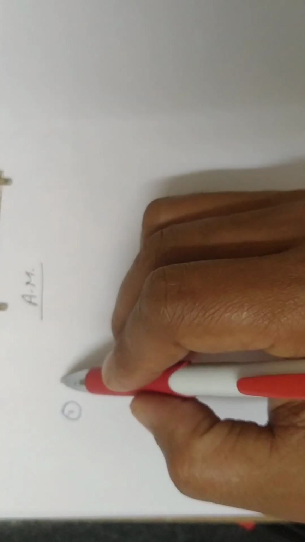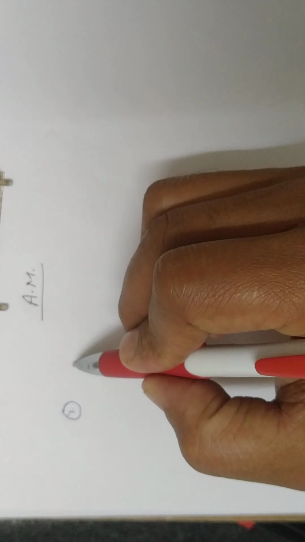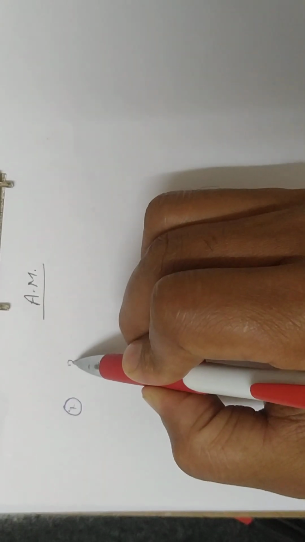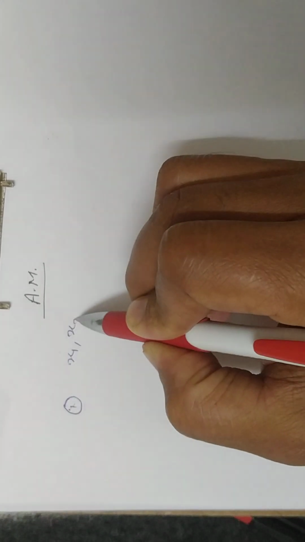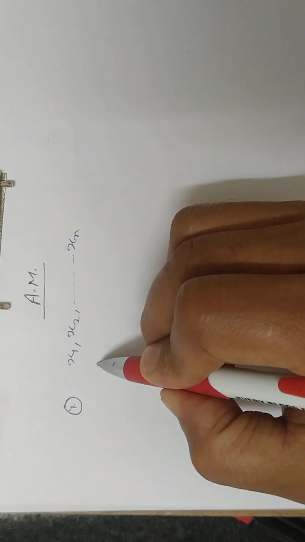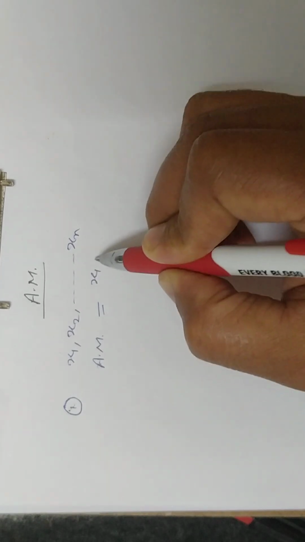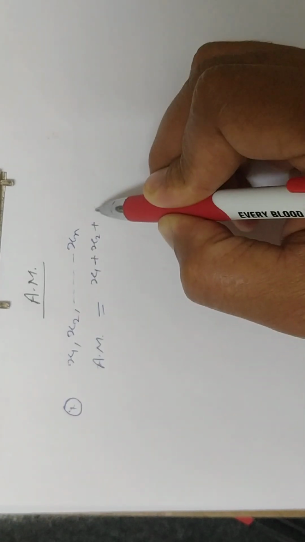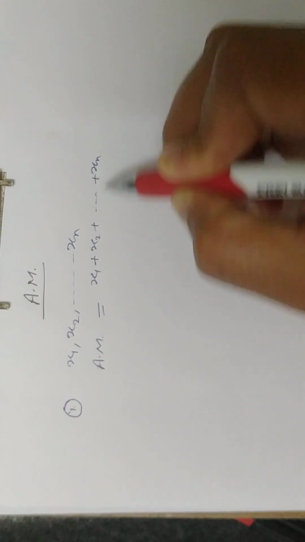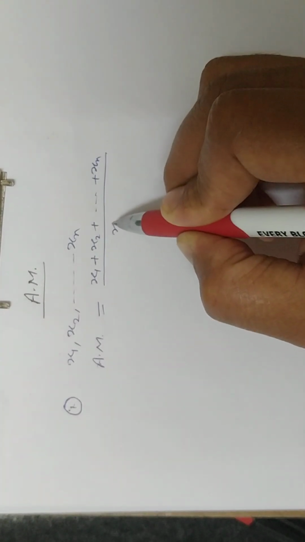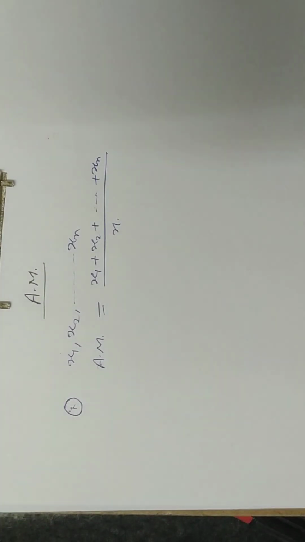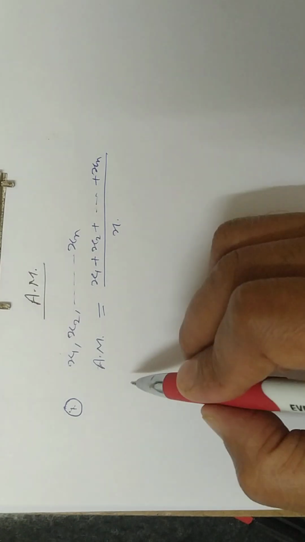First formula is, suppose that we have n numbers x1, x2 and so on xn. Then the arithmetic mean of the n numbers, which is also known as average, is equal to the sum of the n numbers x1, x2 and so on xn divided by n. Okay. Let us take an example.